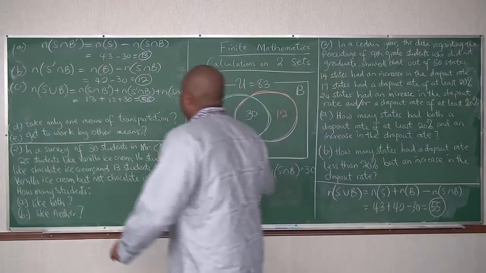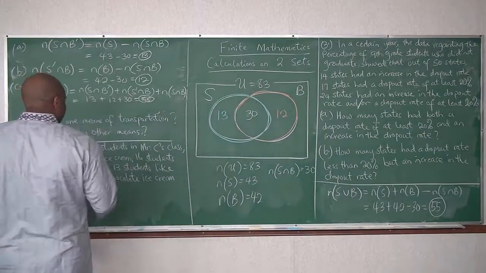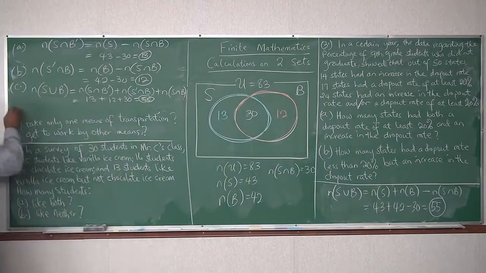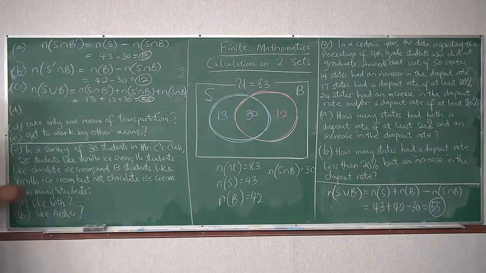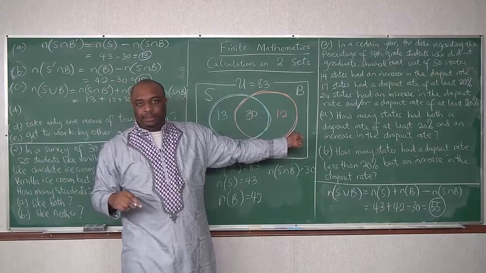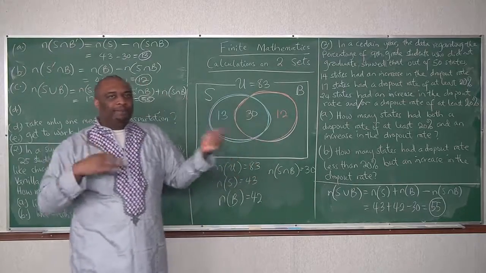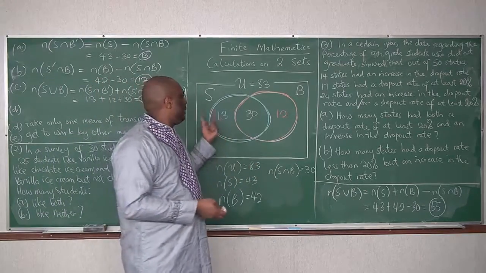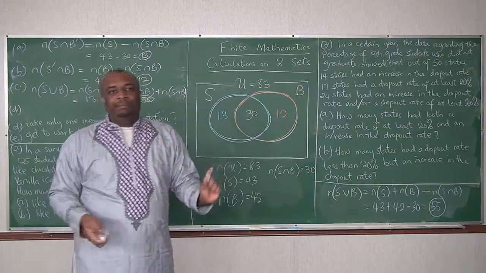Alright, the next one, D. Take only one means of transportation. Only one means of transportation means only subway or only bus. That is what it means. It can't be subway and bus. It's going to be only subway or only bus.